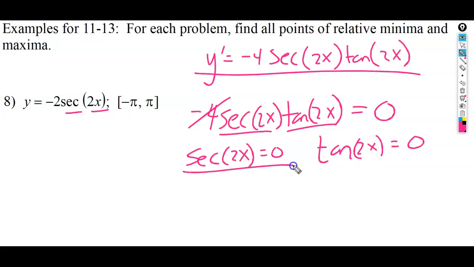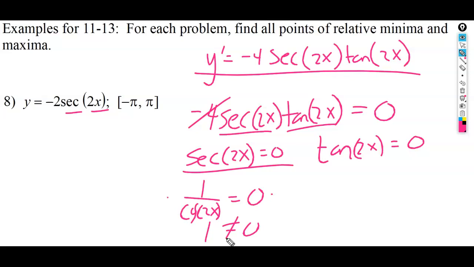So we have to ask ourselves, when does secant ever equal 0? Well, remember, secant is 1 over cosine, right? So when does this ever equal 0? Well, if I multiply both sides by cosine, I end up with this, which has no solution. There is nowhere where secant will equal 0. How about tangent, though?